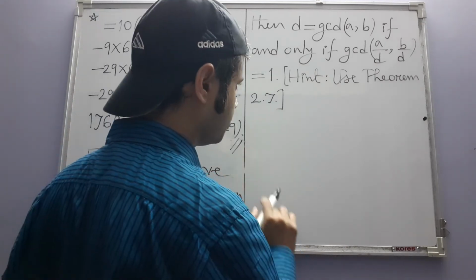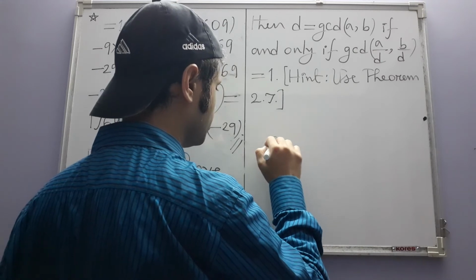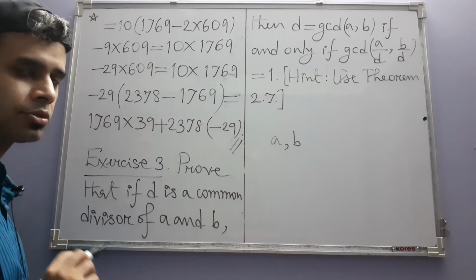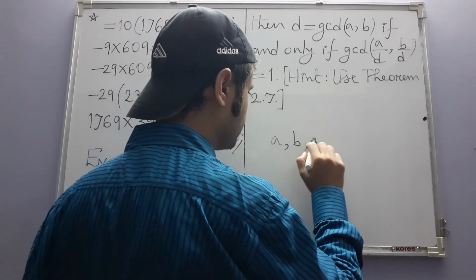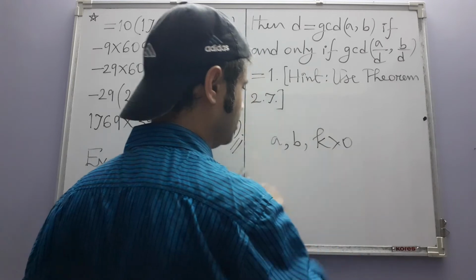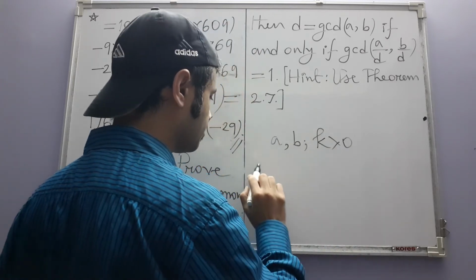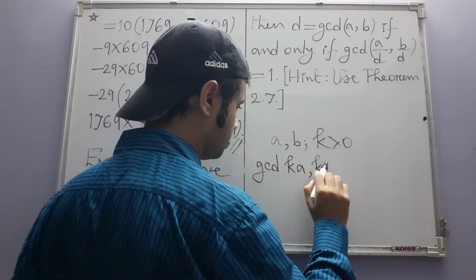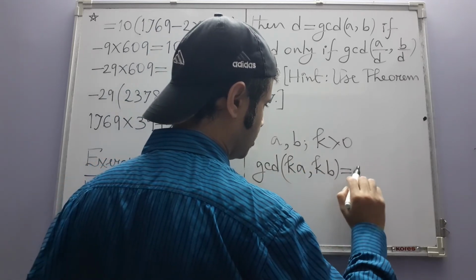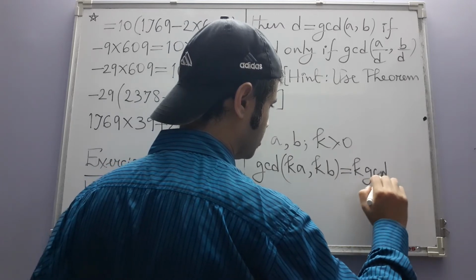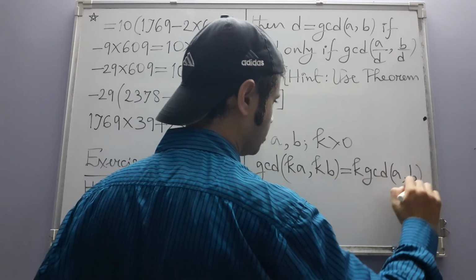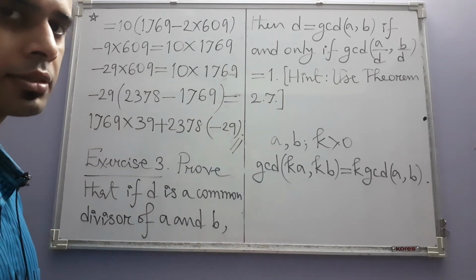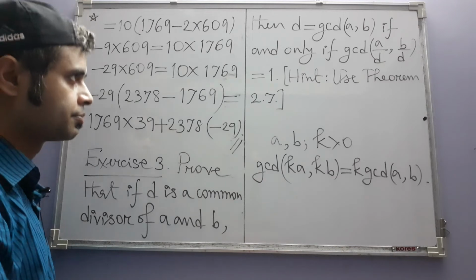It is that theorem which tells us that if A and B are two integers, not both of which are 0, and K is a positive integer, then the GCD of Ka and Kb equals K times the GCD of A and B. Okay, so we are being asked to use this theorem.